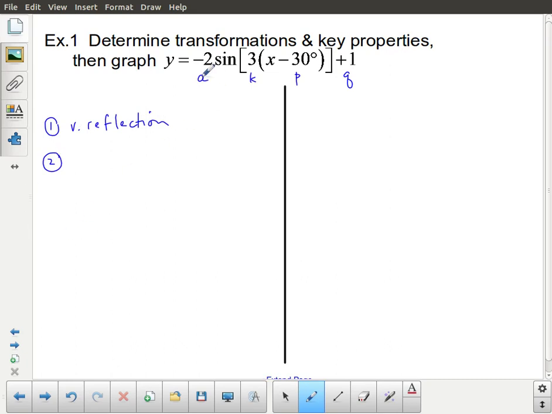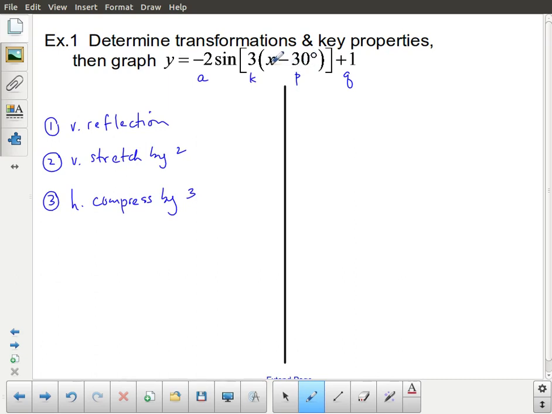The next thing I come across is the number 2. That means I also have a vertical stretch by a factor of 2. Then I come across a K value of 3. And so a K value of 3 actually means I have a horizontal compression. So I have a horizontal compression by a factor of 3.